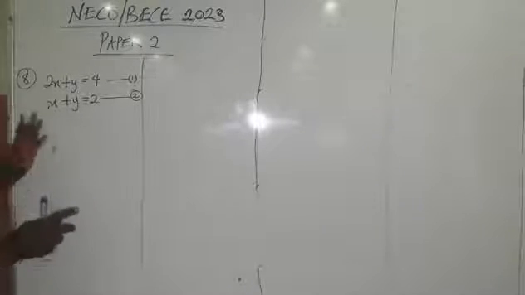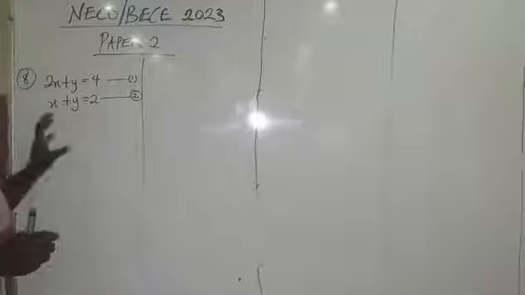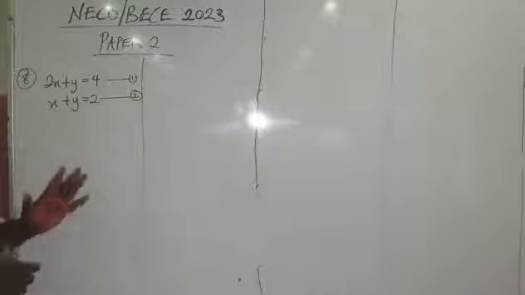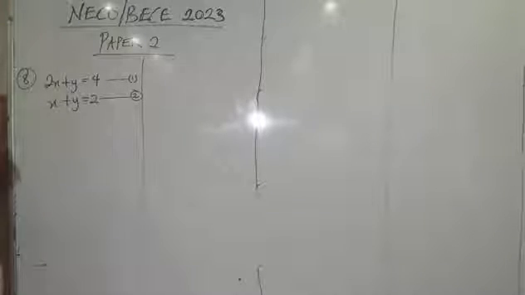If you are applying substitution method, I always advise that you look at the coefficients, look at the variables you want to make the subject of formula. Make sure that the variable you want to make the subject of formula has 1 as its coefficient in any of the 2 equations.